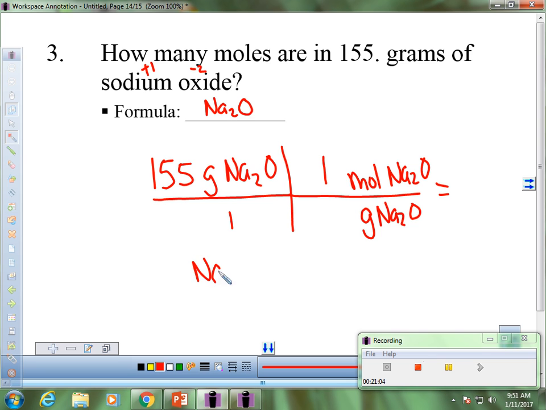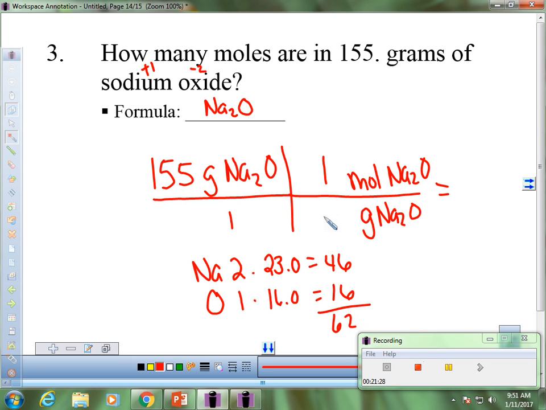So we're going to go sodium's 2, oxygen's 1, and then we'll look on the periodic table, and sodium rounds to 23.0, and we multiply, we'll get 46, and then oxygen is 16.0, and we'll put 16, and we're going to add these together, and we get 62, and that's going to go down here always with our gram.